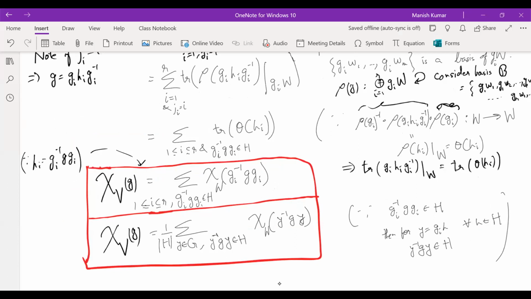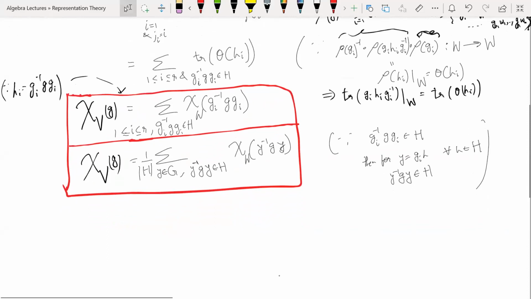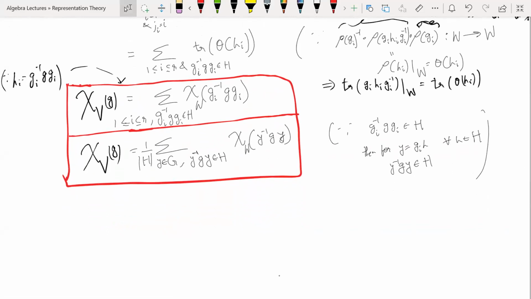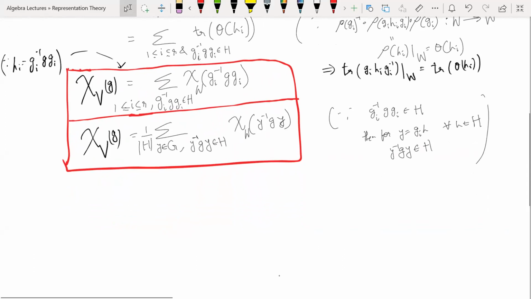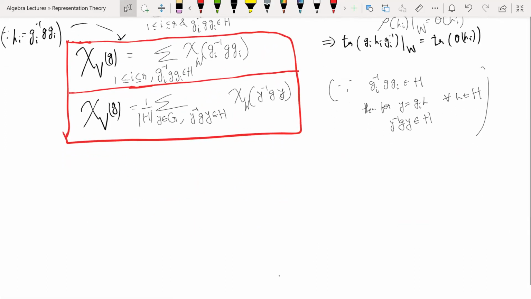So we will see some other properties of induced representation. There were some questions last time about when an induced representation is irreducible. There is a criterion called Mackey's criterion.